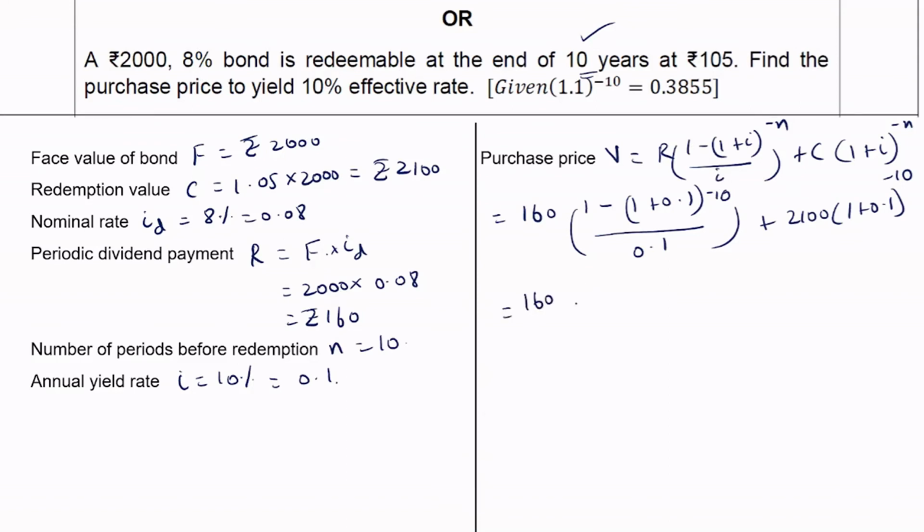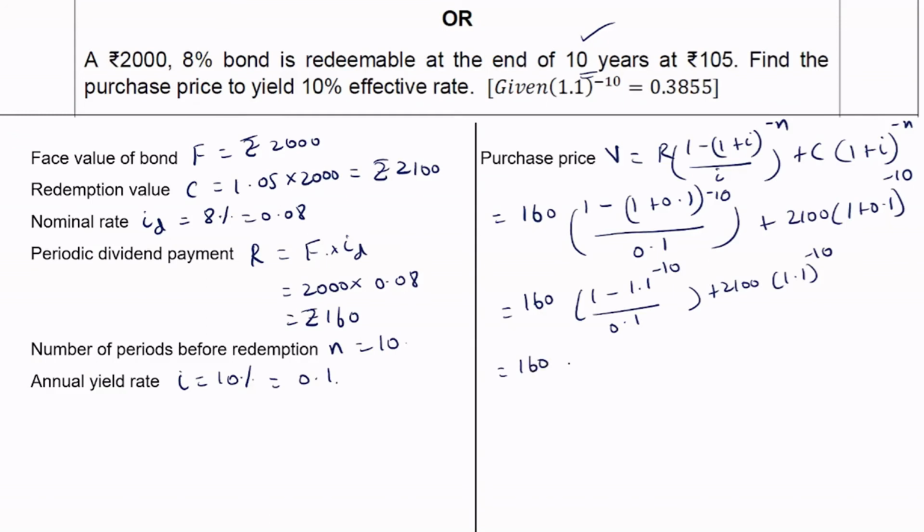So this is equal to 160 into 1 minus 1.1 the whole raised to minus 10 upon 0.1 plus 2100 into 1.1 the whole raised to minus 10. 1.1 the whole raised to minus 10 is given as 0.3855.